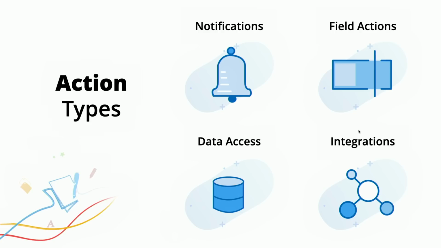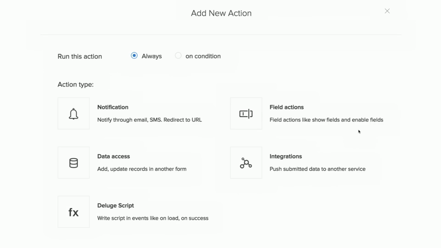But let's talk a little bit about what can be done when you go ahead and choose to create your workflow. Once you have decided what trigger you're going to use, you come and define what that workflow will do, or what the actions associated to that workflow are. A trigger can be associated to multiple actions. Let's say when a form is submitted, you can choose to push that information to another service.